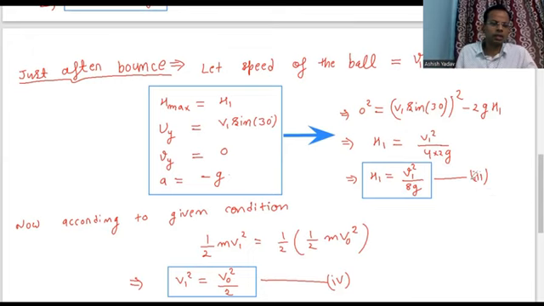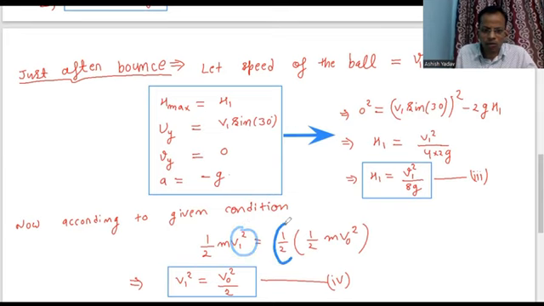Now the condition is given that the ball loses half of its kinetic energy when it first strikes the ground. The kinetic energy of the ball is half m v square, and after hitting the ground its speed is v1, so its kinetic energy is half m v1 square. Since half of its kinetic energy is lost, the remaining kinetic energy will be half of the initial, which is half m v naught square.